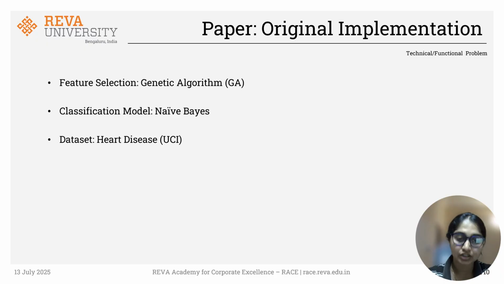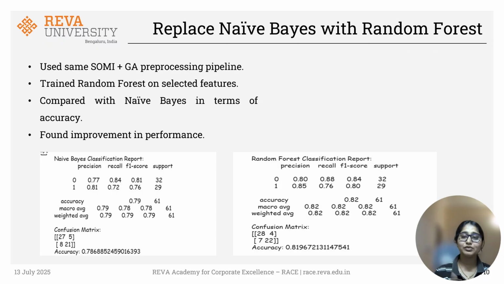We have taken a paper where in the original implementation they used a naive Bayes classifier along with a genetic algorithm for the pre-processing. Later we improved upon it by replacing naive Bayes with a random forest, which performed better in terms of accuracy.